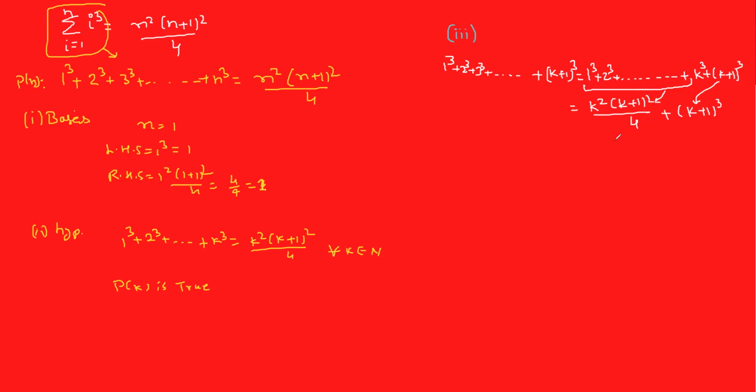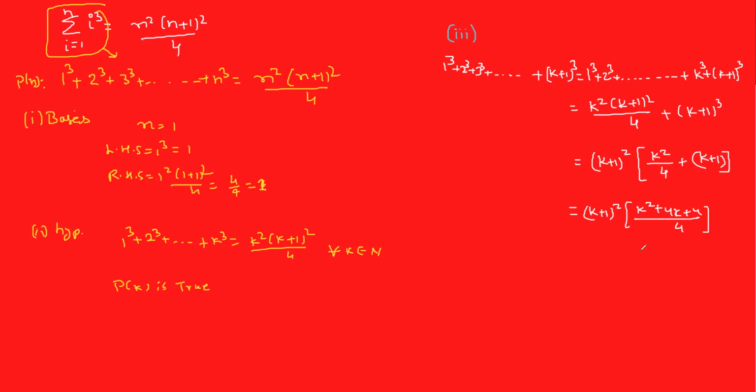Understood? Yes. Now you only have to simplify. You need only to simplify it. What is common between both terms? Inside, k square by 4 plus 1 more, k plus 1 is there, right? 4k plus 4.